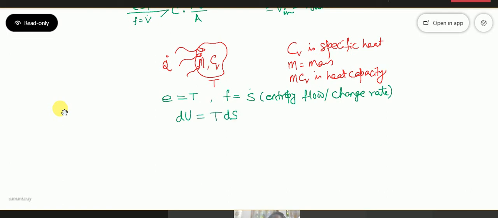We also know for this particular case, dU is MCB dT, that is TdS. So we can write alternatively dS equal to MCB dT by T. This we will integrate from some initial state to final state.